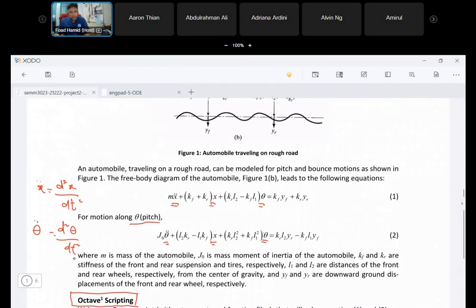Equation 1 has x and theta in it, and equation 2 also has x and theta in it. There are two unknowns with two equations, so we must solve this simultaneously. That is a system of ODE.